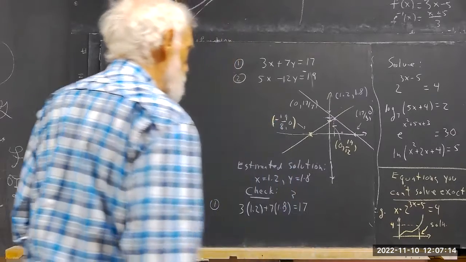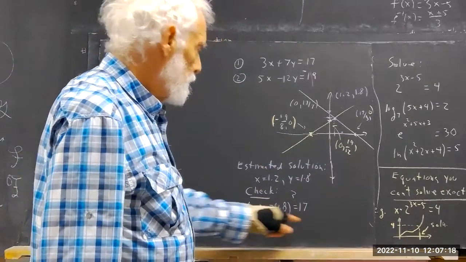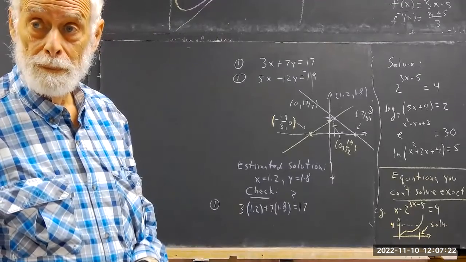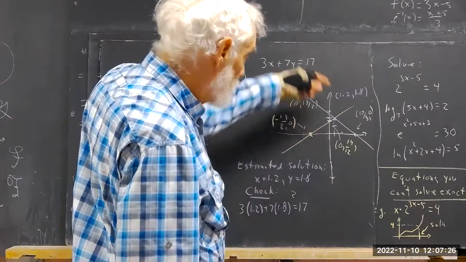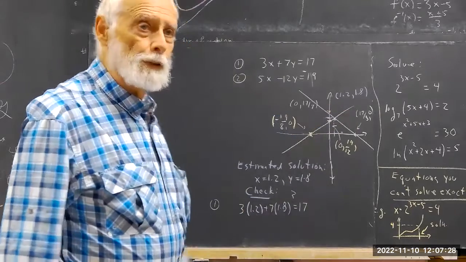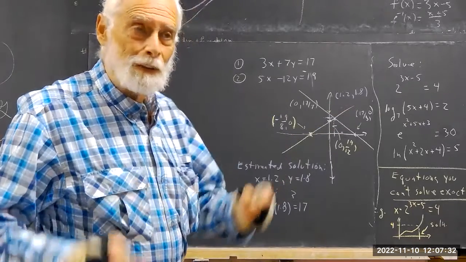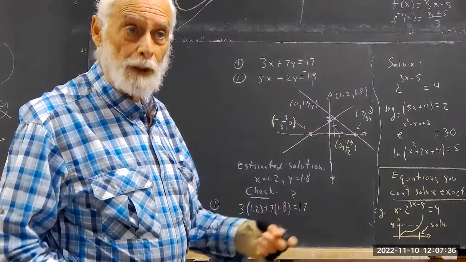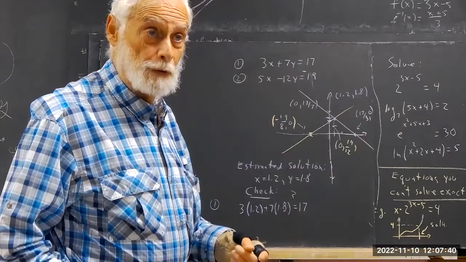I'll put a question mark over that equal sign because we're asking, does this equal this? We don't expect that it really will, because in the first place, I did this graph without drawing a scale. My points aren't that precisely located. And even if they were, you wouldn't expect a hand-drawn graph to give you a really accurate solution.